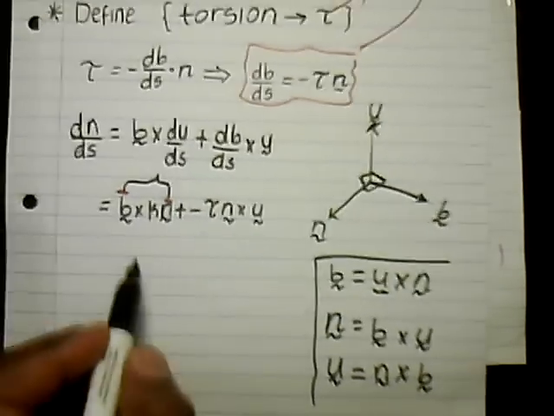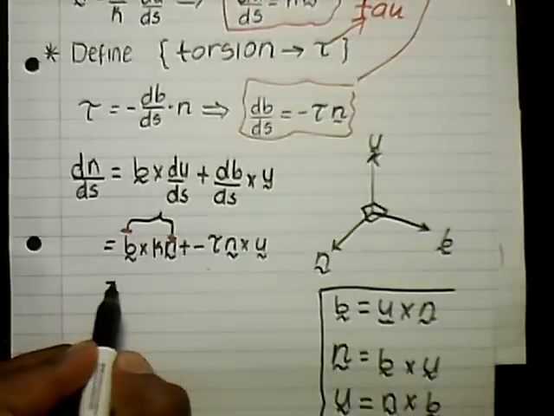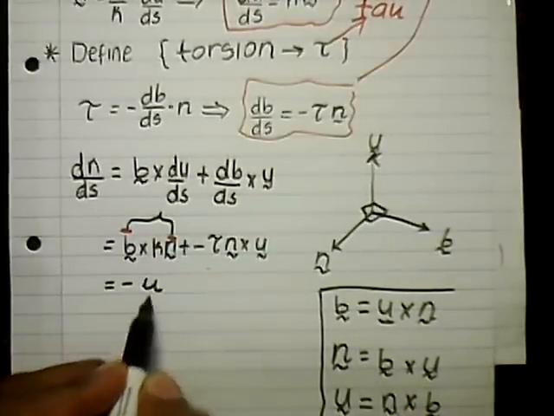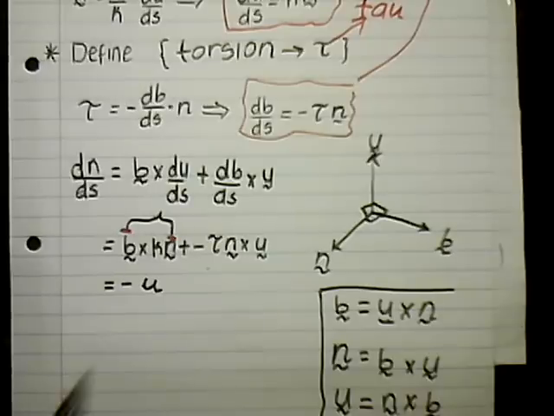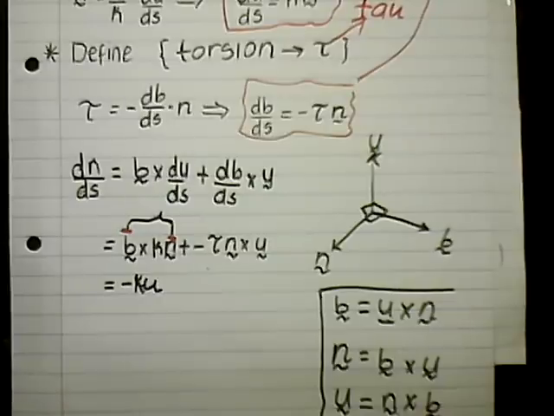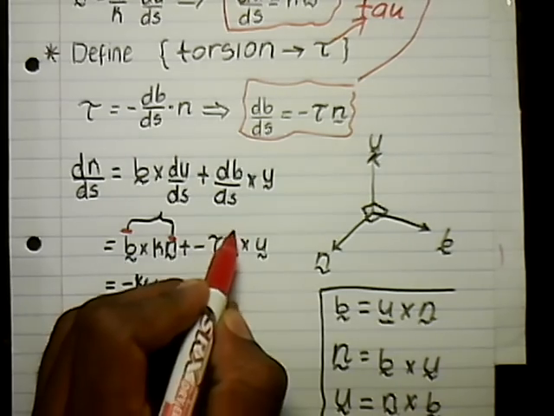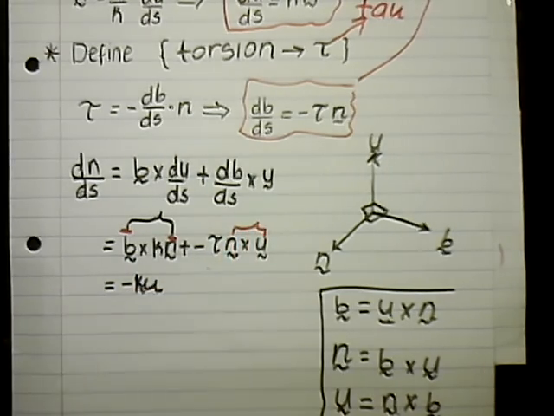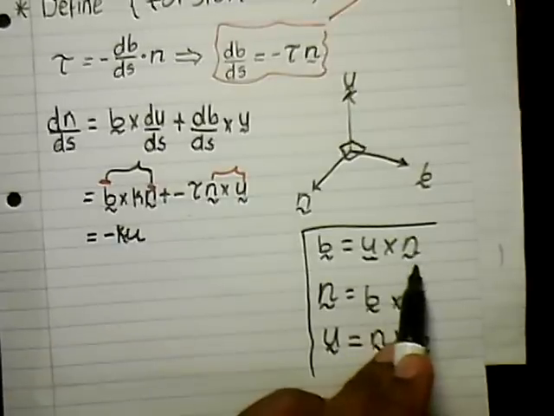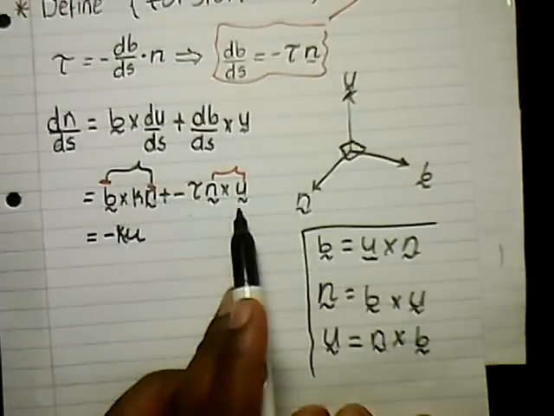Okay, so this is going to be equal to negative u, but note that we still have our scalar, kappa. Now considering this n cross u, and then coming here we have u cross n, not n cross u.